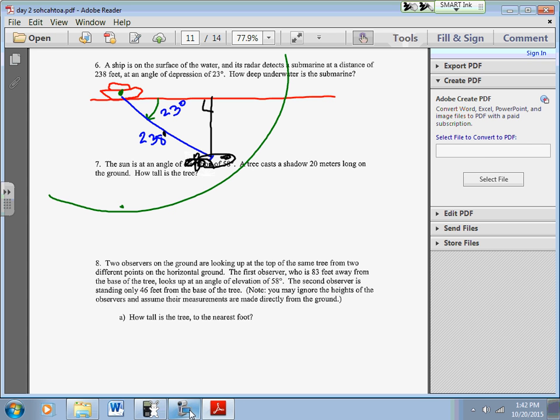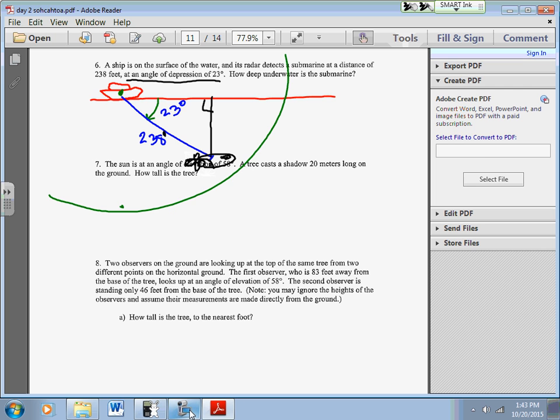All right, now, did you guys solve this one? No. At first, I got confused on the saying the distance. I didn't know if it was saying like the straight line distance of it. And this is where that made the difference. If it didn't say that angle of depression, then you would think, okay, is it right below the ship then? 238 feet down?